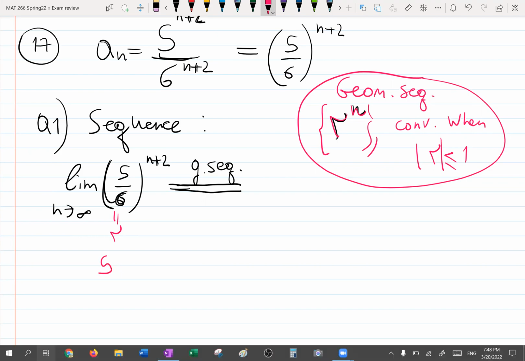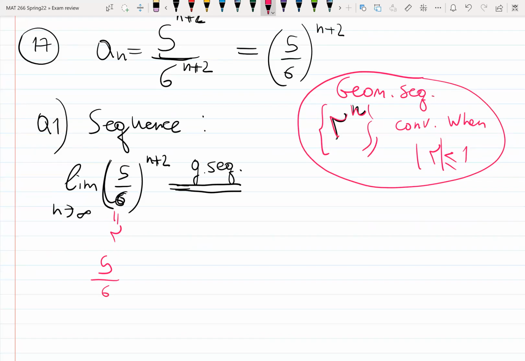Just check 5 over 6 to the 10,000. That's number sense for you. That's a very small number, because every time you're raising a fraction less than 1 to a new power, it becomes smaller and smaller, so it converges to 0.